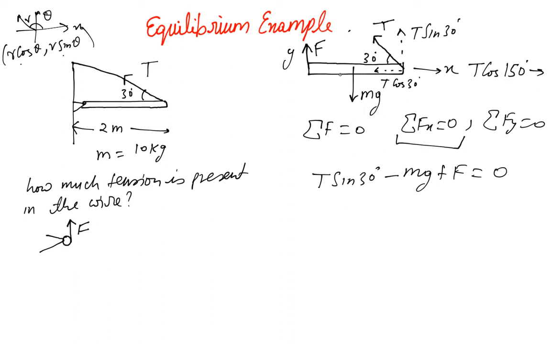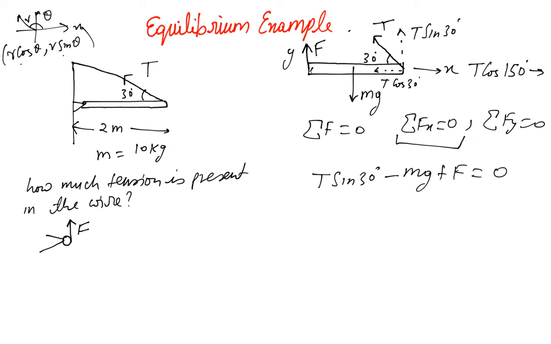Because torque is in the z direction, and moving the z-axis to any point does not make any difference here, because z is out of the plane. Physics should not depend on the position of the z-axis, so the torque should always come out to be the same value.